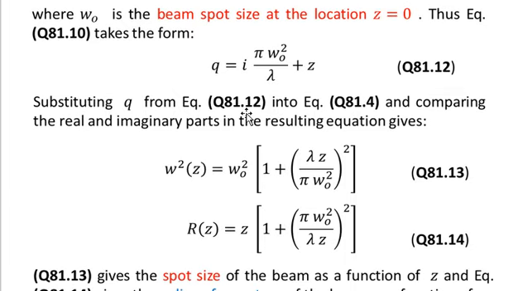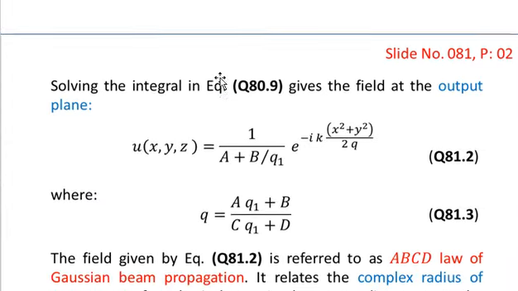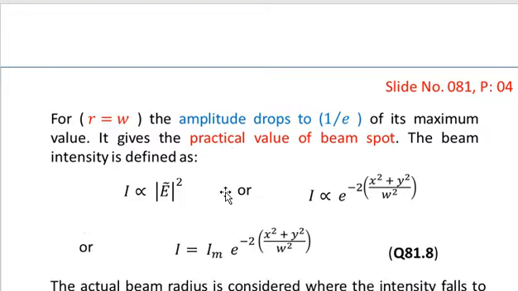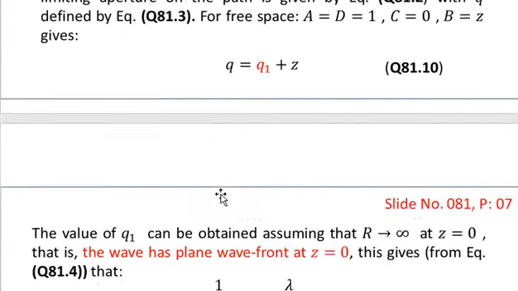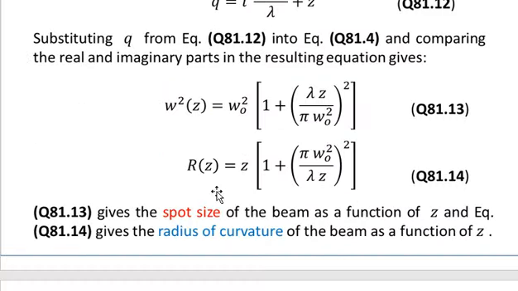Substituting q from equation 12 into equation 4 and comparing the real and imaginary parts in the resulting equations gives you the following. This is the value of q that we have obtained from equation 12. Now substituting this value of q into equation 4 and comparing the real and imaginary parts on both sides of this equation, we get two equations, one corresponding to the real part and the other corresponding to the imaginary part.